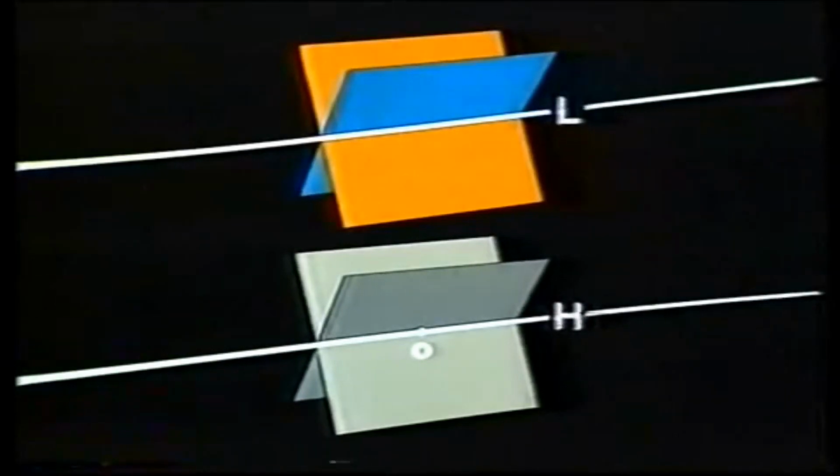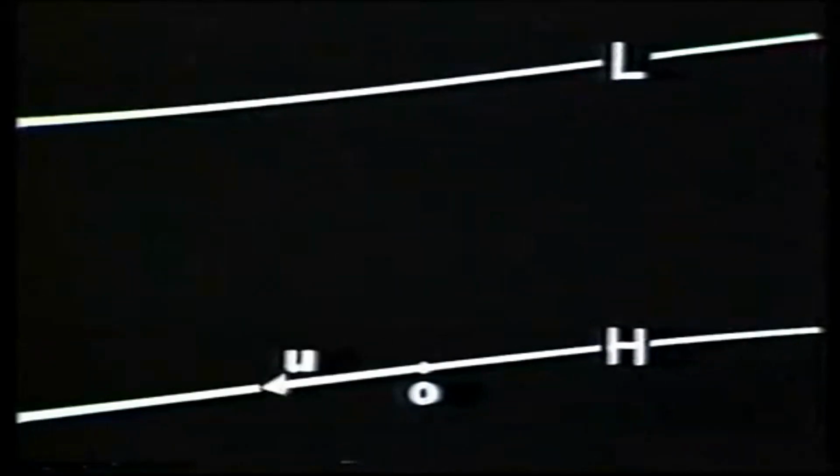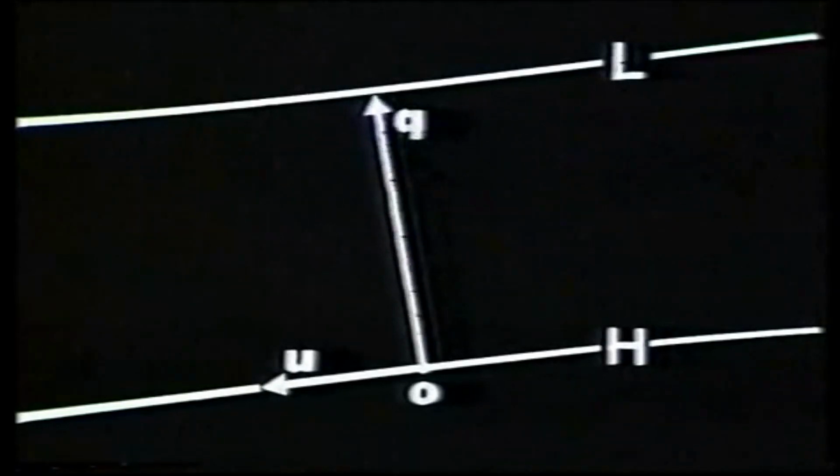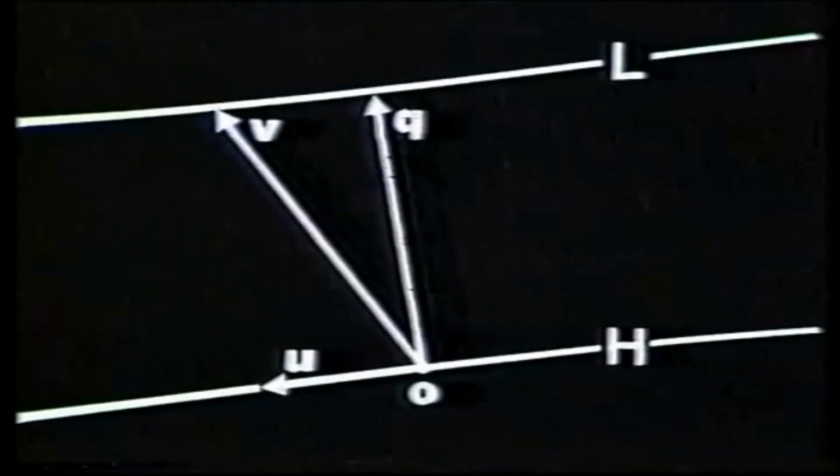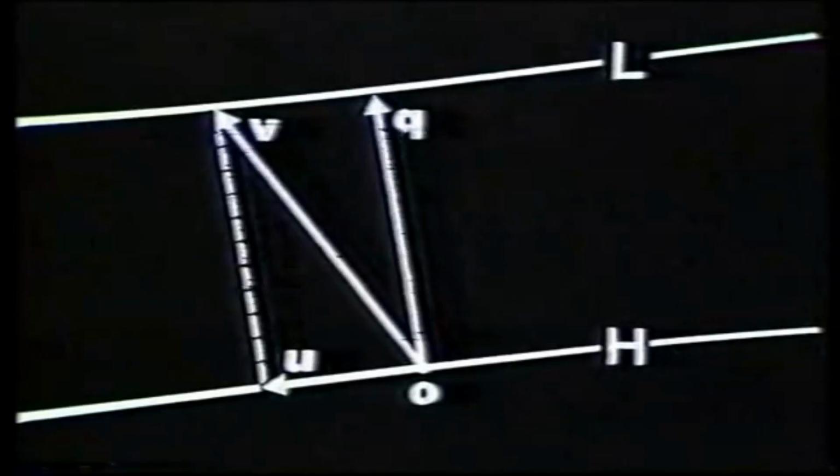Now, the solution planes are parallel to the homogeneous planes, so that the solution set L is parallel to the solution set H. Take any element u in the homogeneous solution set H, add it to the vector q, and this will specify an element v in the solution set L. In this case, v equals q plus u. So there's a one-to-one correspondence between elements in H and elements in L.